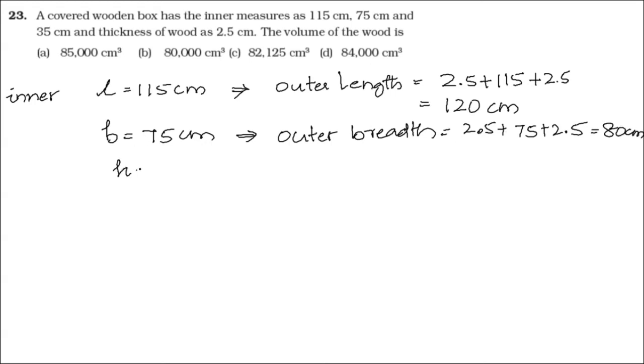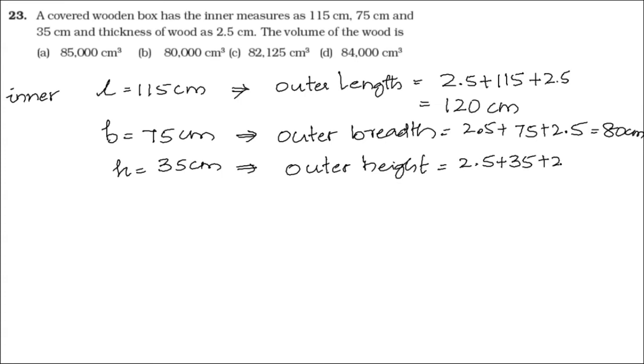Same way, for the height, they have given the inner height as 35 centimeter. To this, if we add 5 centimeters, we get the outer height. The outer height is 2.5 plus 35 plus 2.5. This will be 40 centimeters.